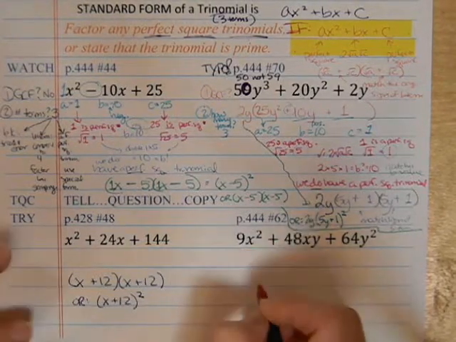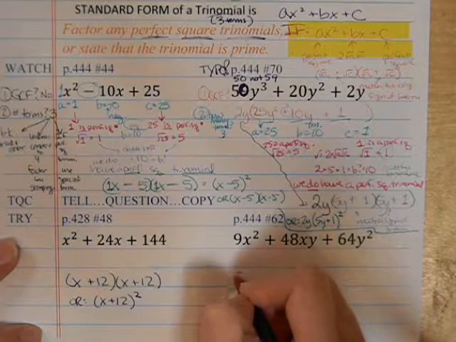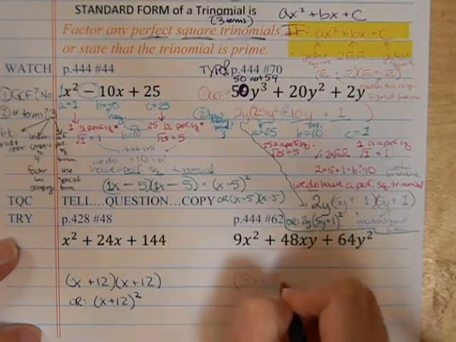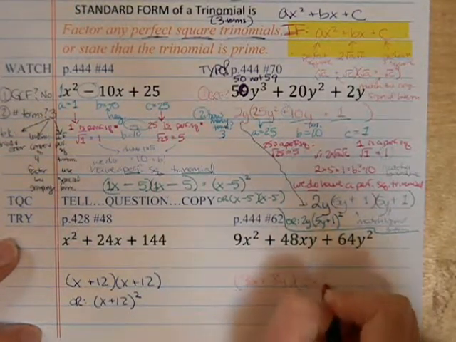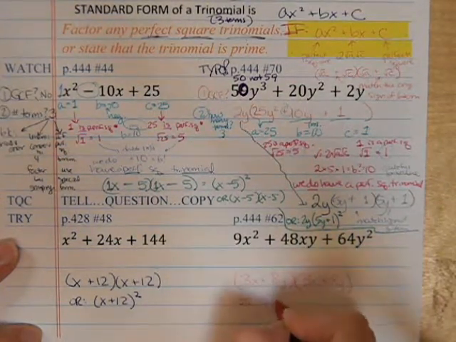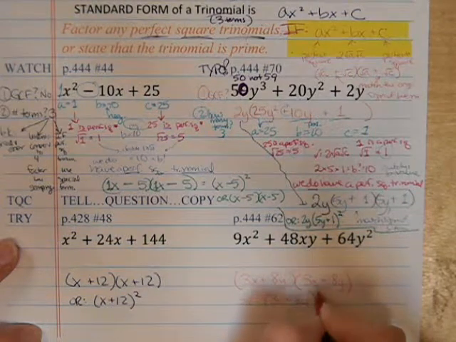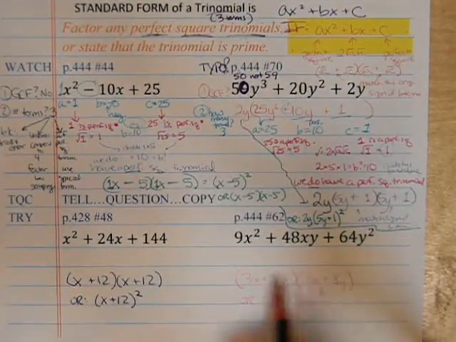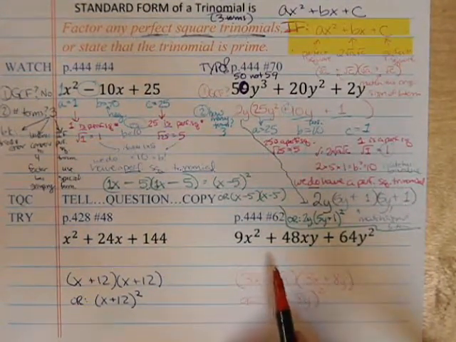The answer for number 62, the factored form, is 3x plus 8y, 3x plus 8y, or you could write that as 3x plus 8y, the whole thing squared, because they are identical and being multiplied by each other.